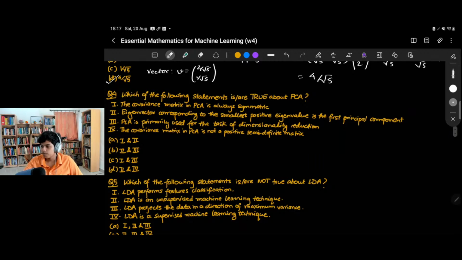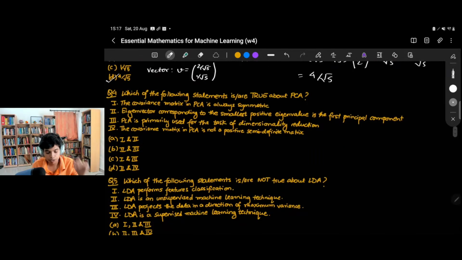Now we have some question based on the properties of PCA. So which of the following statements are true about PCA, the principal component analysis? First statement they have given is that the covariance matrix in PCA is always symmetric. Next statement they have given is that the eigenvector corresponding to the smallest positive eigenvalue is the first principal component.